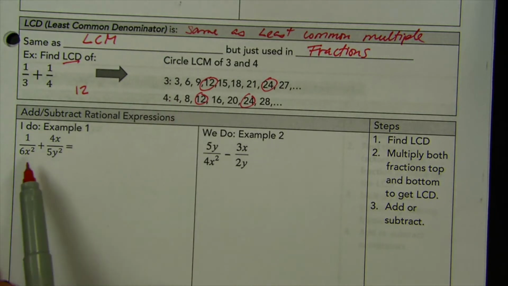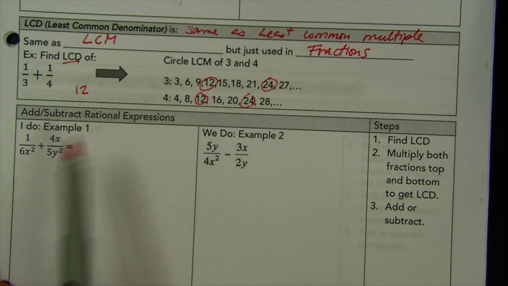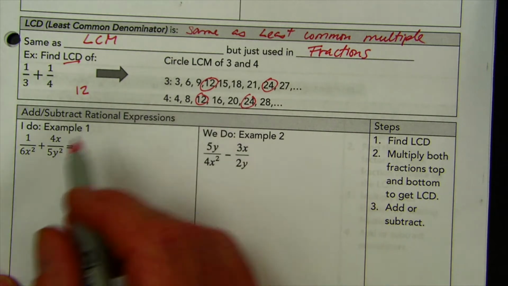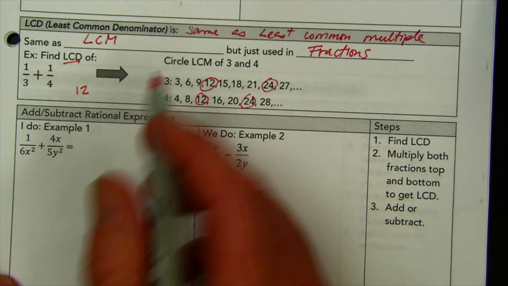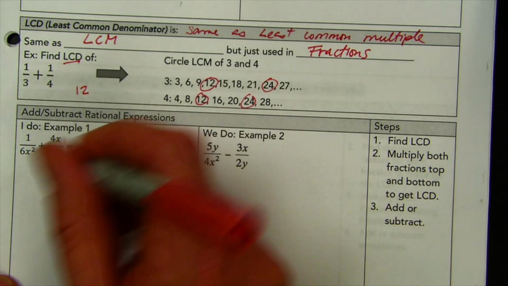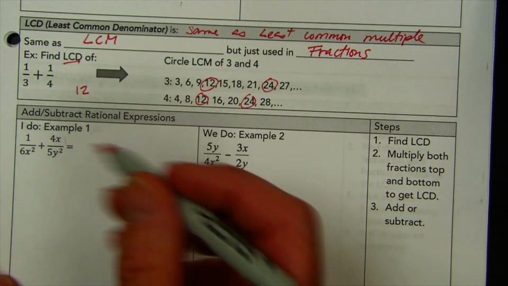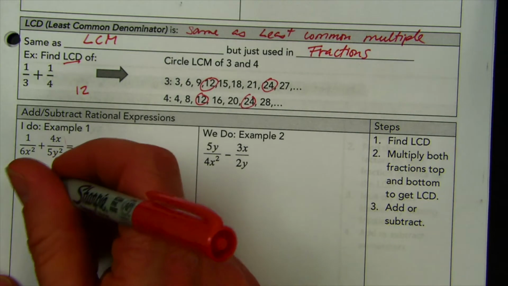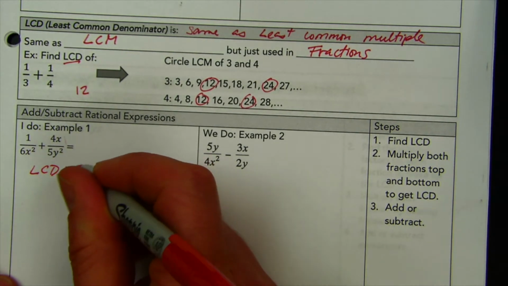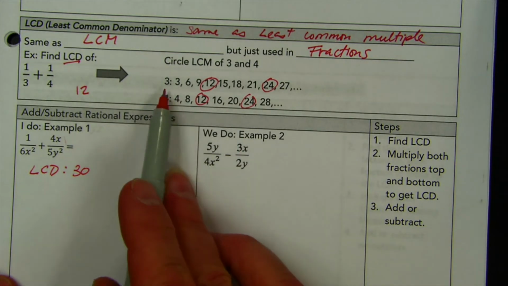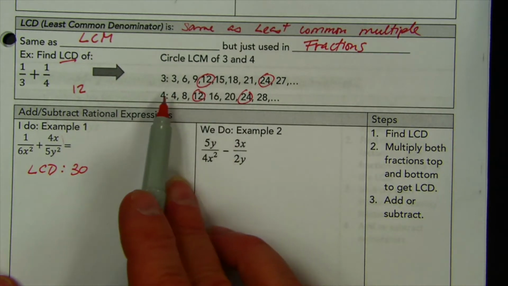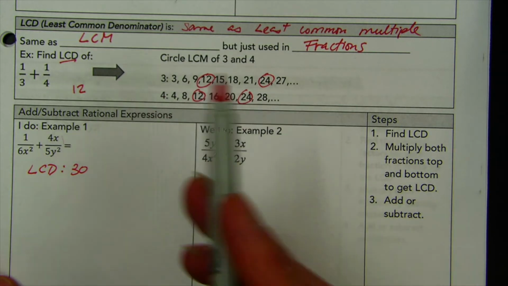Okay, let's try a problem here. I do, and then you guys will do this one. So let's add these fractions, and we got to find the least common denominator, LCD or LCM. But since fractions, I'm going to say LCD. I'm going to just look at this, and I say 6 and 5. I'm just looking at the numbers, and so the LCD of 6 and 5 I know is 30. I'm just thinking in my head. If you want to do this, you list all the multiples of 5 and list all the multiples of 6 and see what they have in common. You can do that.